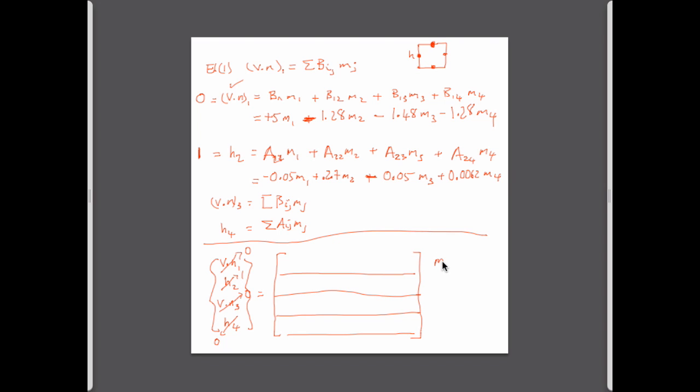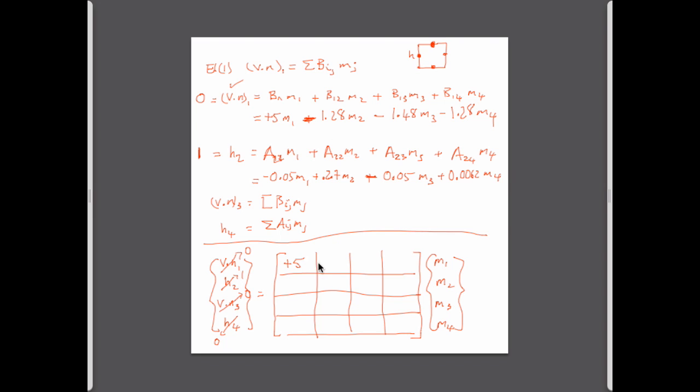It's going to be the strength of the sink when it's overlaying element 1, strength of the sink on 2, 3, and 4. And we don't know any of these. These are what we don't know. And the values of these that we go in here, this is plus 5.